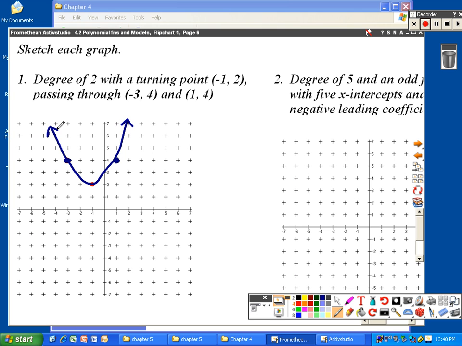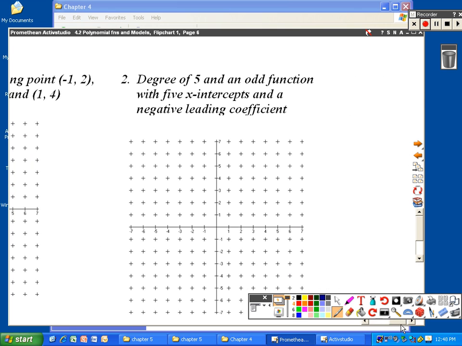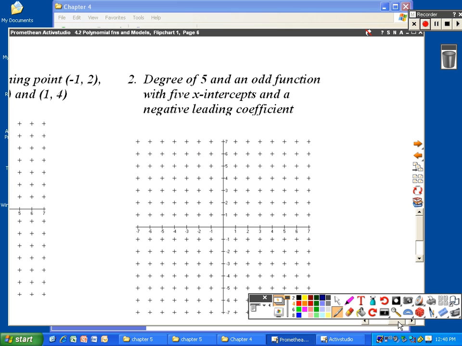This one asks for a degree of 5. It's an odd function with 5 intercepts and a negative leading coefficient. So a degree of 5 with a negative leading coefficient means up and then down in the end. 5 intercepts.